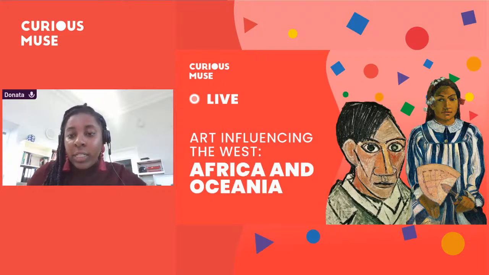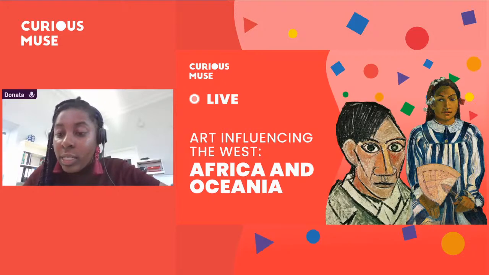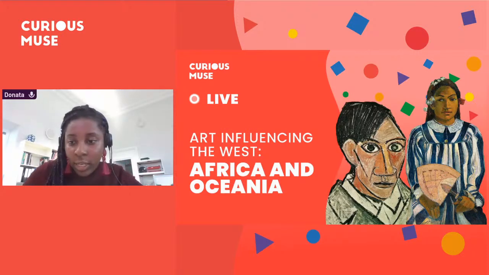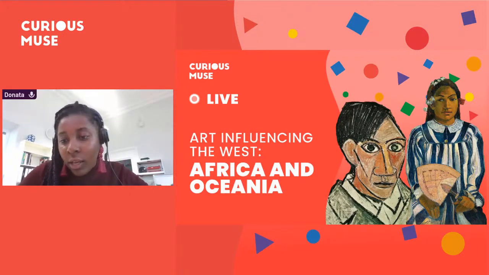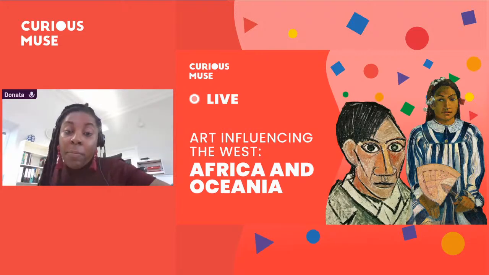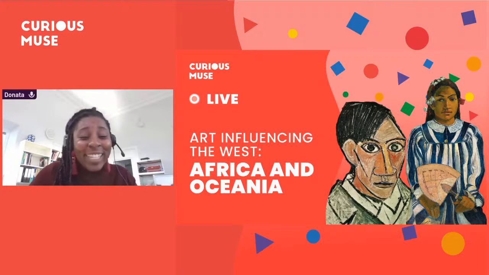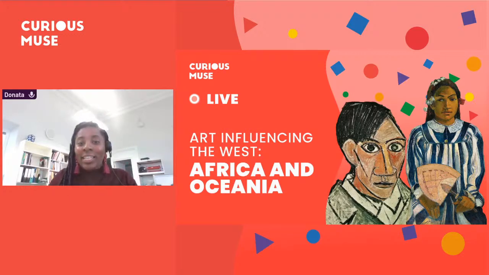There's another question: does Nigerian cinema, so Nollywood, do you know how African art influences the movies? I'm not an expert in any of these areas, but I'll do my best to hazard a guess.